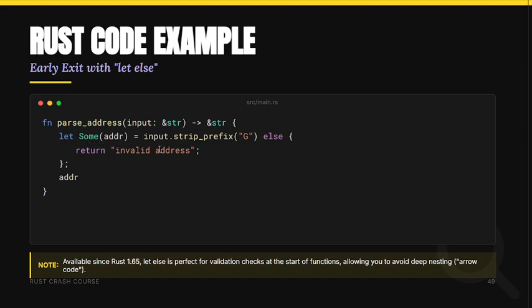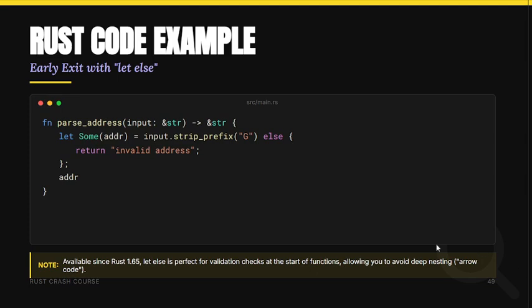So if the string starts with G, then it's a match. But if it does not start with G, then we get None. So we immediately execute the else block, which returns early.